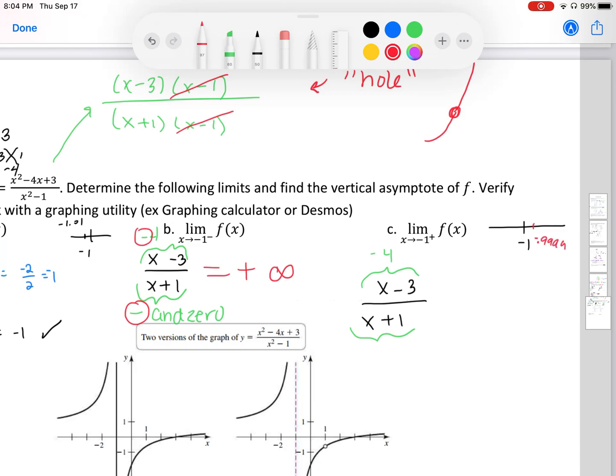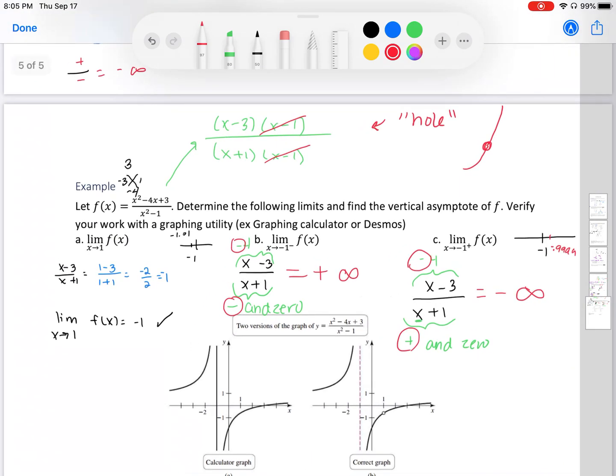In the denominator, this will give me a positive number because my negative will be slightly smaller than my positive one, so when we add them, we'll get a sum that's positive. So I'll have positive and 0. Now we have a negative divided by a positive, and we get negative infinity. So we see our answer.